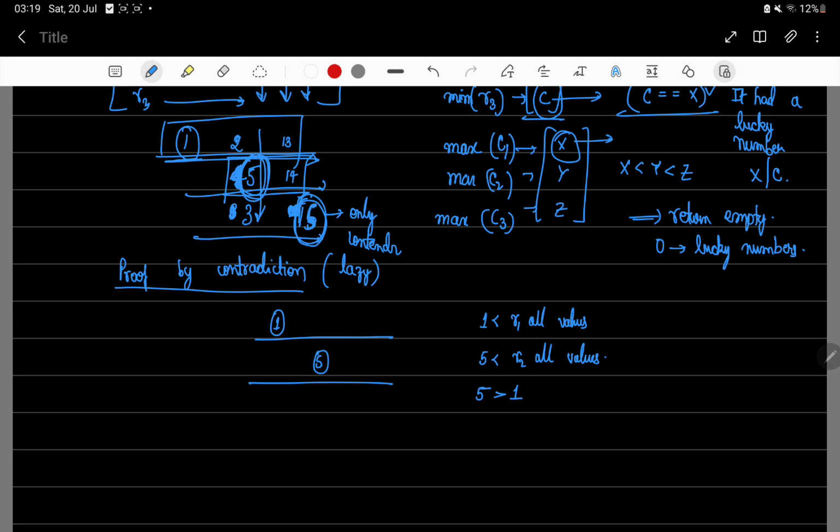Now what I'm trying to say is, let's say that 5 is not a contender, that 1 can still be the answer. I'm just considering that 1 can still be the answer.